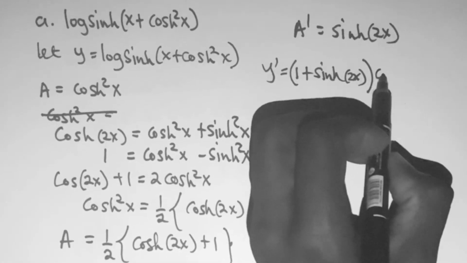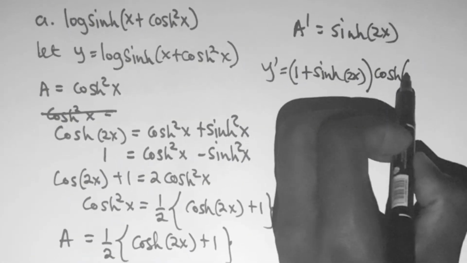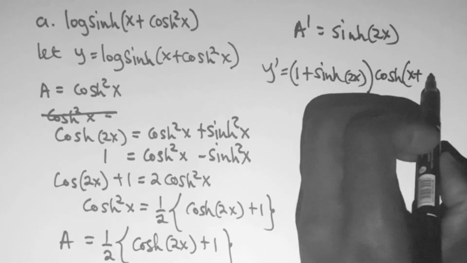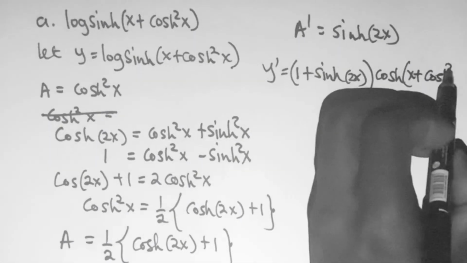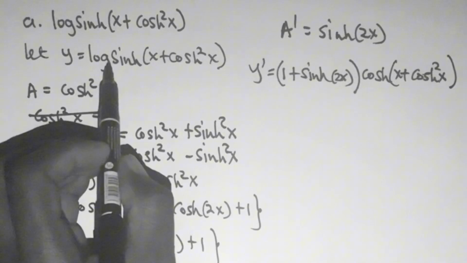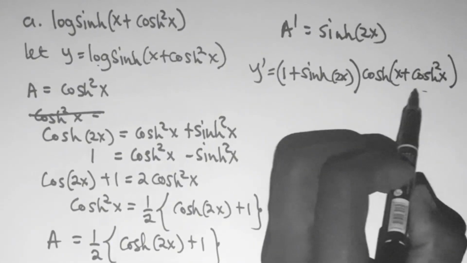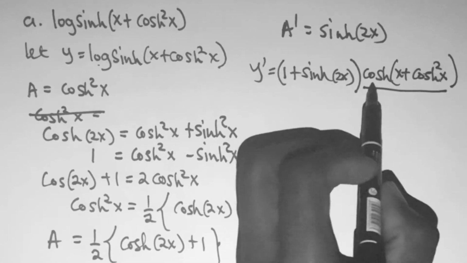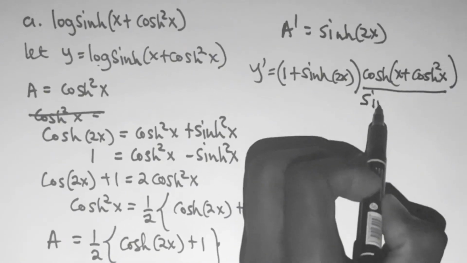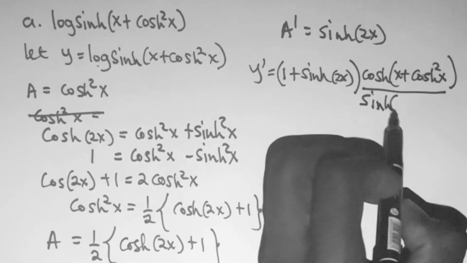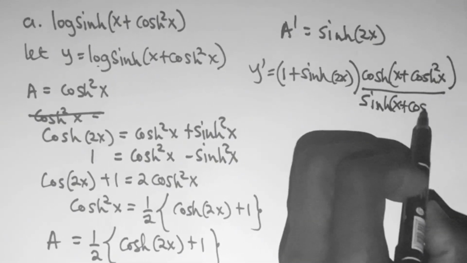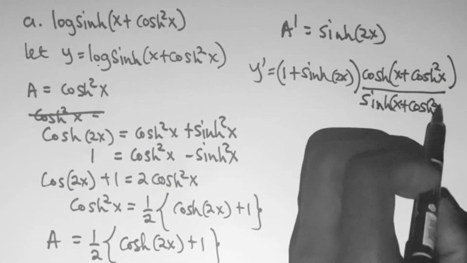Differentiate sine, it gives you cos of (x plus cos squared x). But because we are differentiating a logarithmic function, we need to divide this by that function again, sine of (x plus cos squared x).